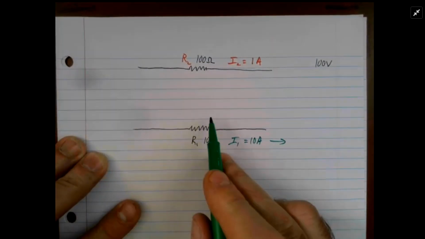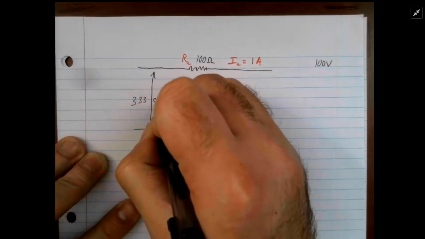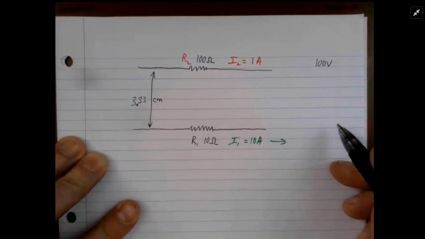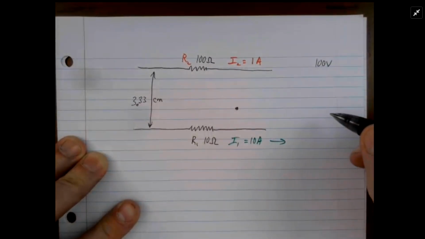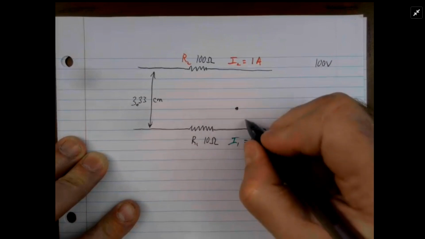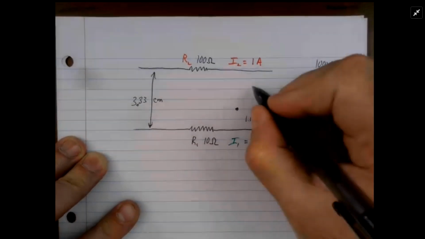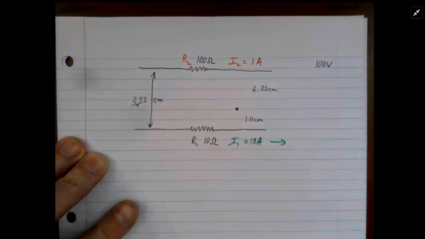Now, it also says the distance in between these things is 3.33 centimeters. And the proton is 1/3 of the way up. So, call it about there. So this distance is going to be 1.11 centimeters, and that's going to be twice as much, 2.22 centimeters.